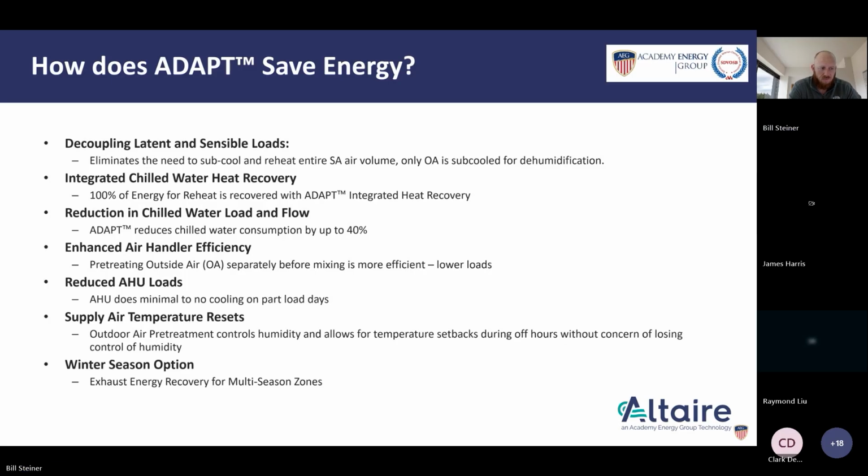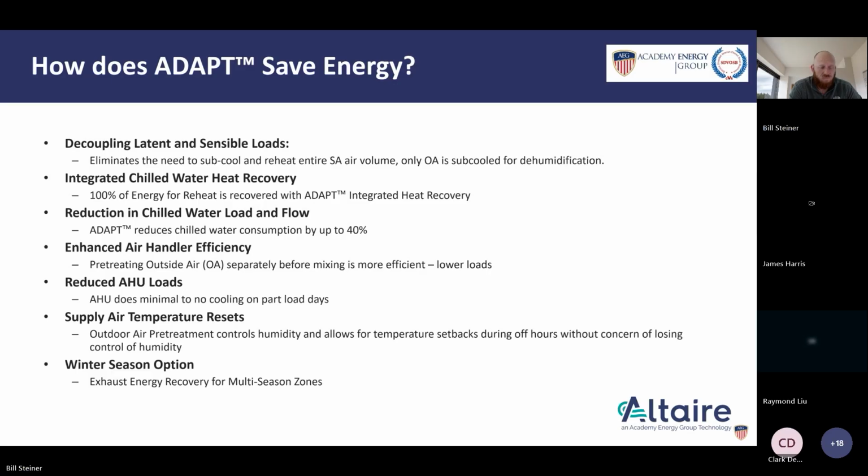Using the integrated heat recovery for reheat saves us the energy to have to do reheat, whether that's in the unit with some hot water, whatever means you're using there, or in the space of a VAV box with a hot water coil, an electric coil, what have you. It's more efficient when we're getting that reheat for free, right?